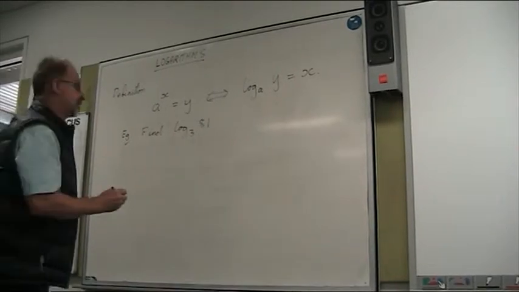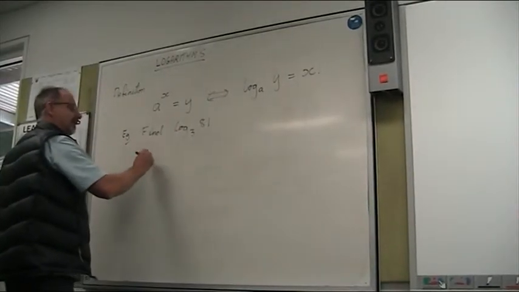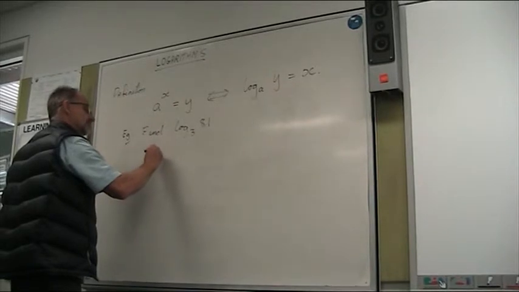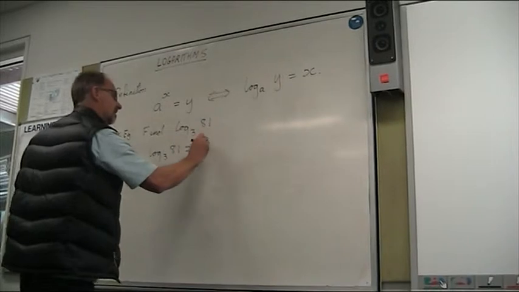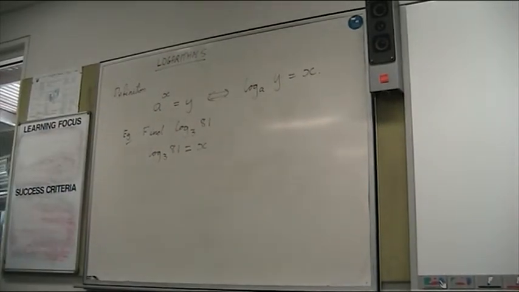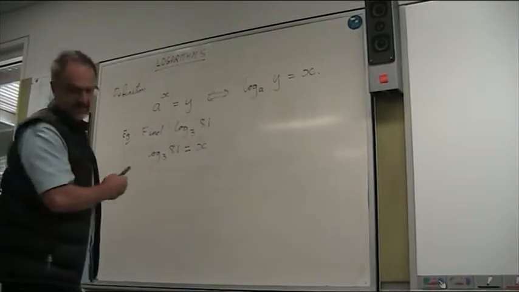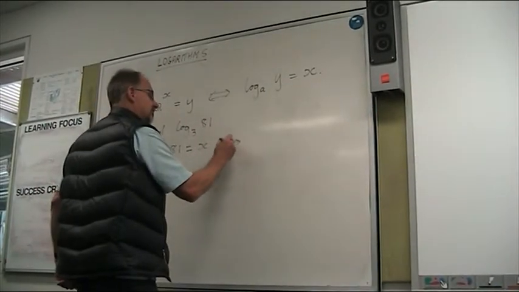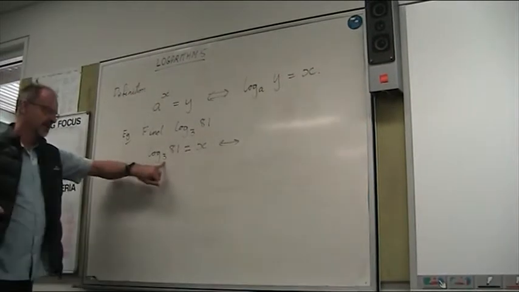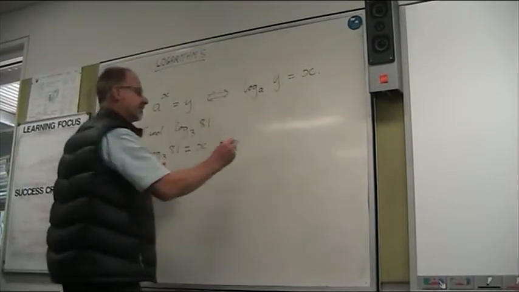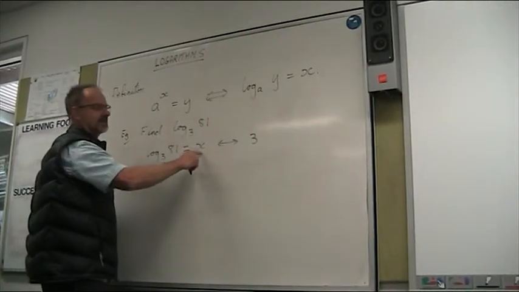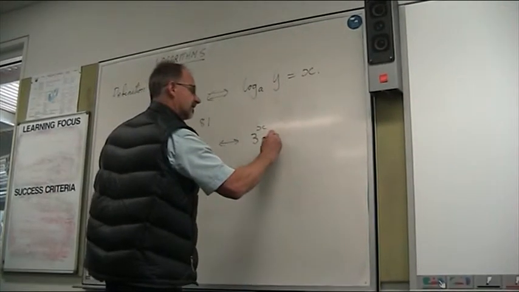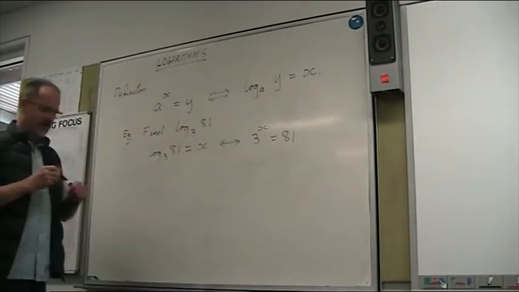So if we had log to the base 3 of 81 is equal to something, the equivalent exponential equation has base 3, so it's 3 to the power of something, and that something is x, to give us 81.